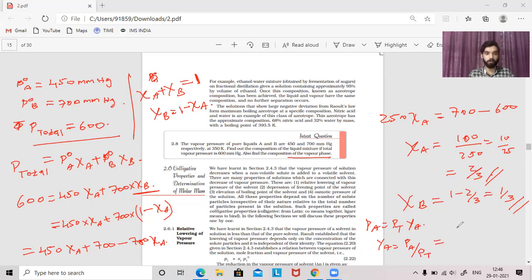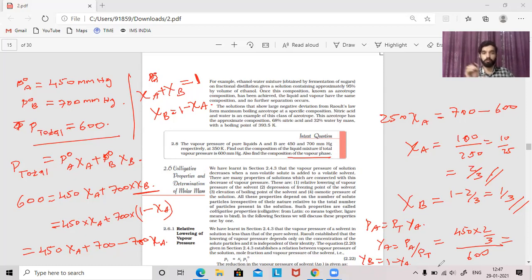Pa is equal to P naught A chi A. So 450 into 2 by 3, divided by P total. P total is 600, we already know that. Solving that we get Ya, and once we get Ya, Yb is equal to 1 minus Ya. So that's how we can solve this question.